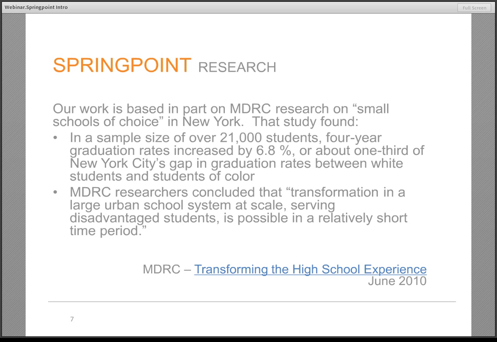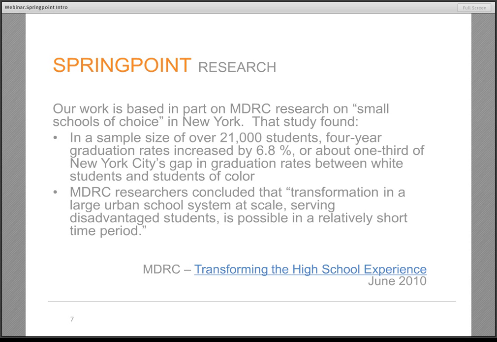They saw that 4-year graduation rates increased by 6.8% just in that first cohort that went from 9th grade to graduation. And then since then, there's been an update, actually, a brief on the MDRC study, and looking at the first two cohorts that started in 9th grade and graduated, they saw a 4-year graduation rate increase of actually 8.6%.